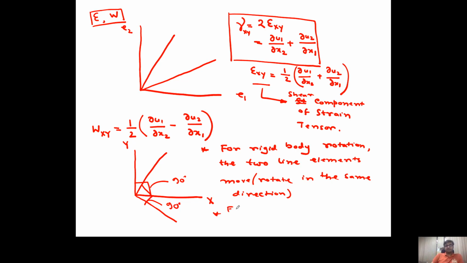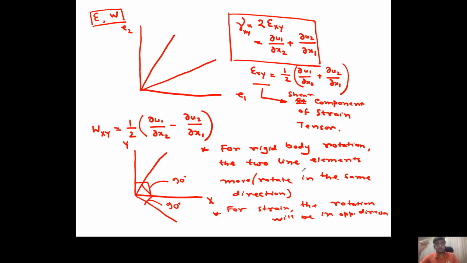However, for strain, the rotation should be in the opposite direction. If they are equal, they will have to be in the opposite direction. So the rotation will be in opposite direction.